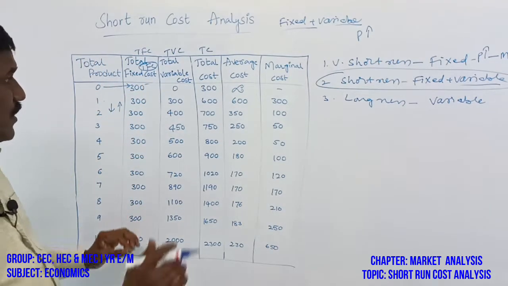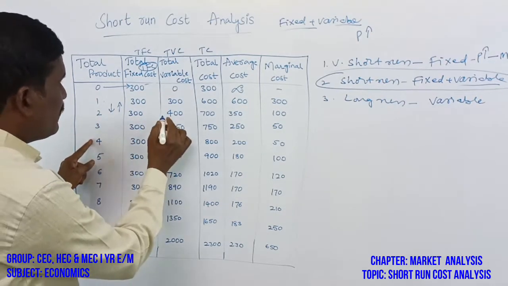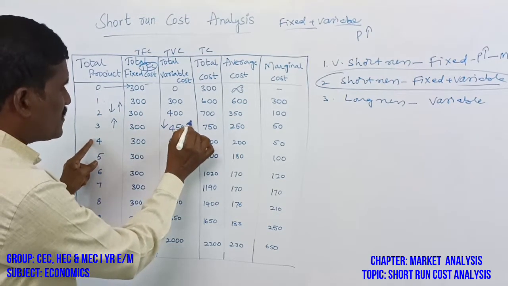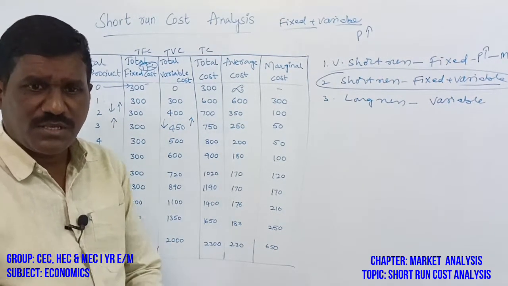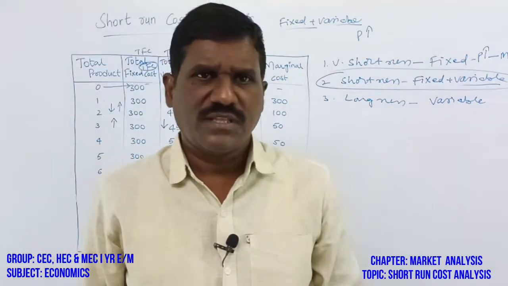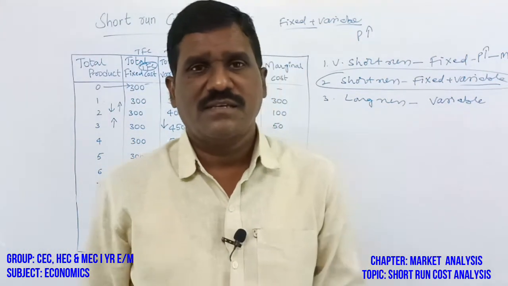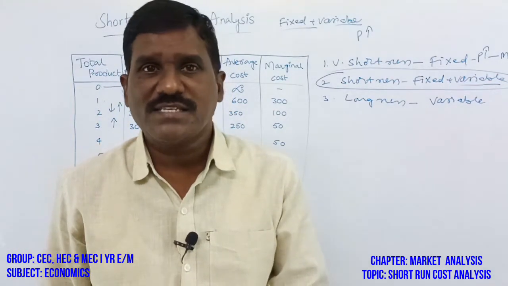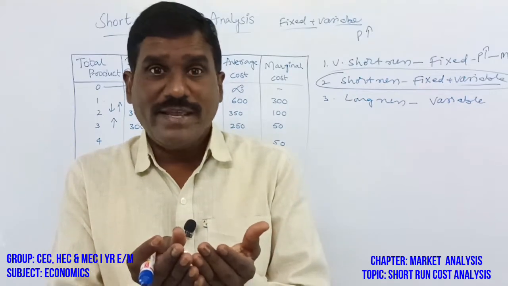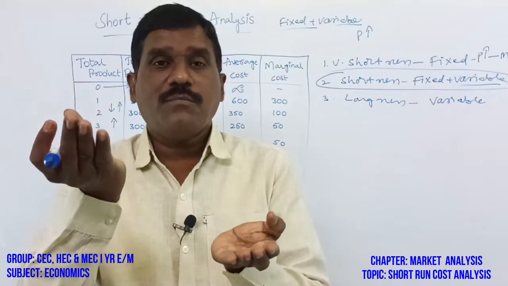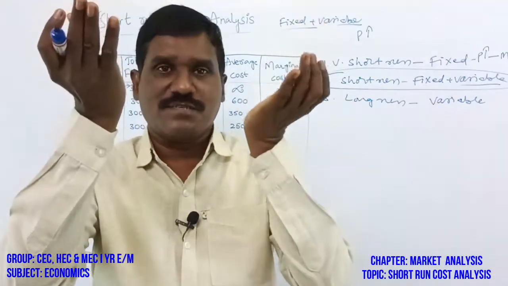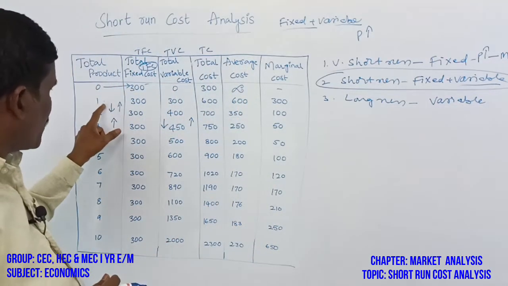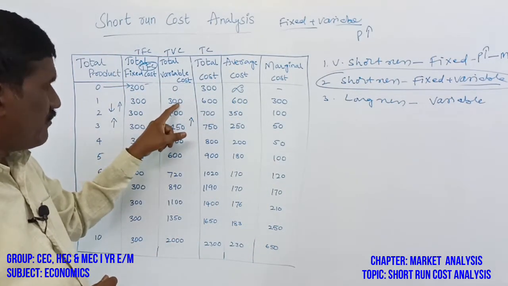Then second, suppose the production increases, the total variable cost increases. If production decreases, the variable cost decreases. If you want to increase the production, the raw materials, labor and transport should increase. These are variable factors.